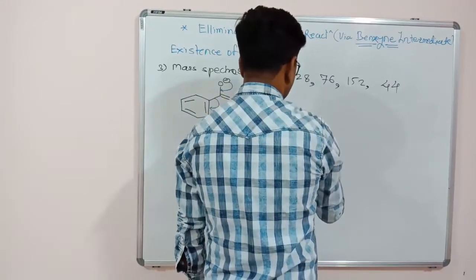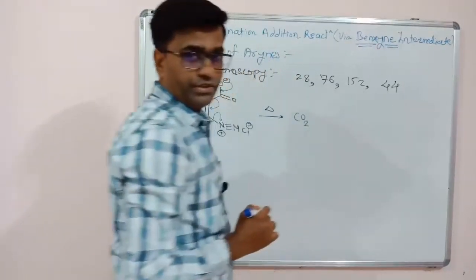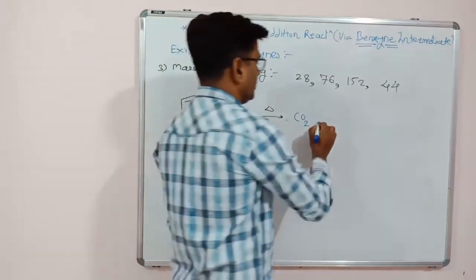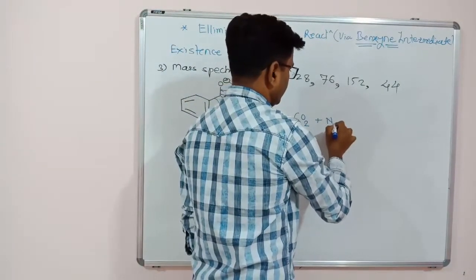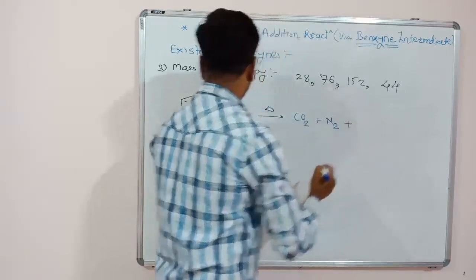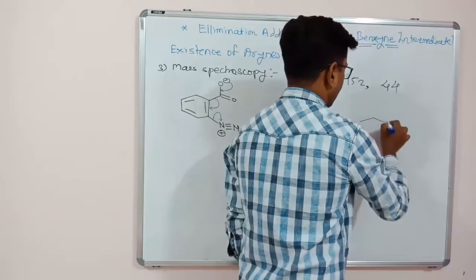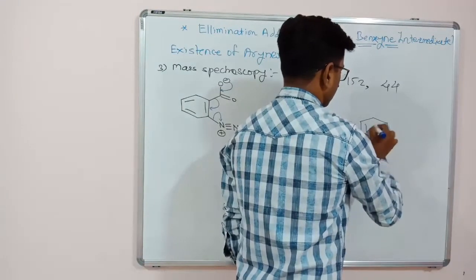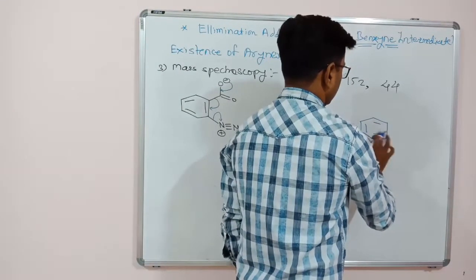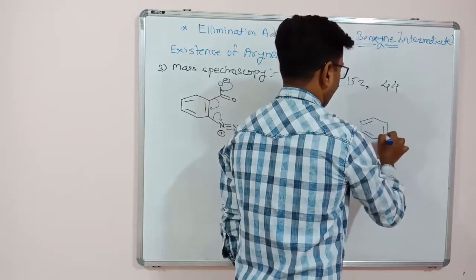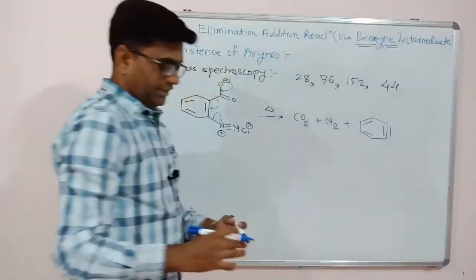So one product is CO2, right? This bond will break, so another product is N2, and this is the benzyne. So these are the 3 products.